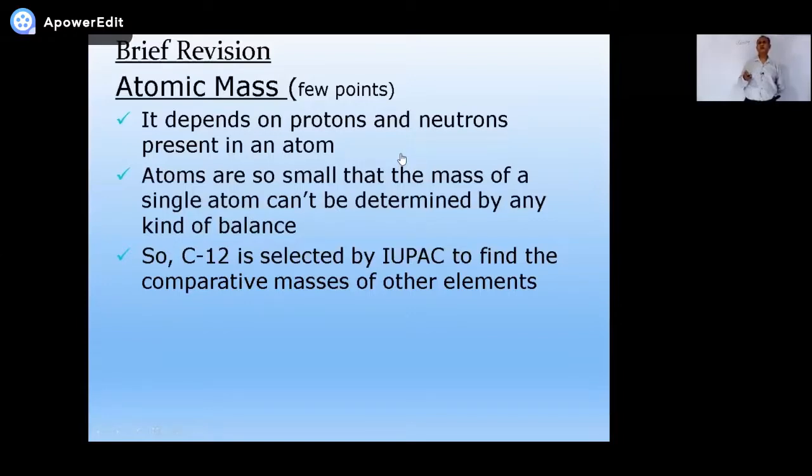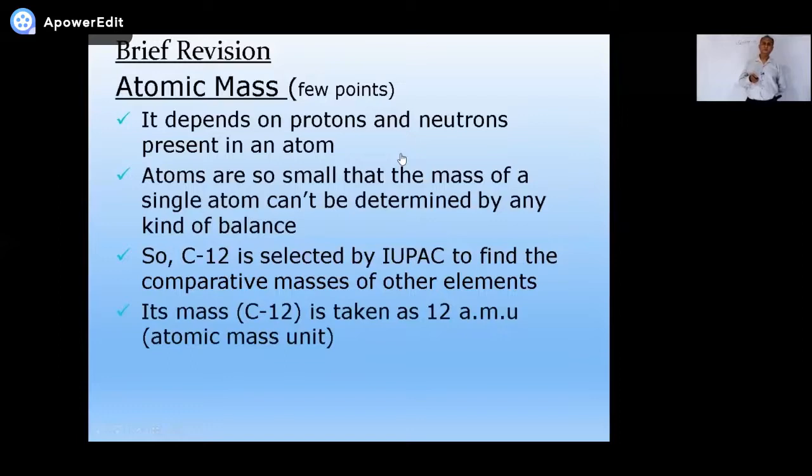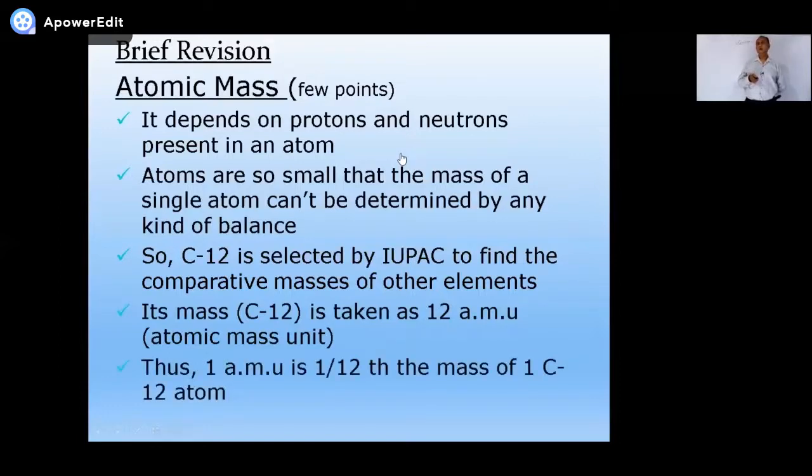Each part they called 1 AMU. I know it's confusing. So all the masses that we hear, like the mass of oxygen 16, the mass of chlorine 35.5, the mass of sodium 23, are all compared masses. We have compared these masses with 1/12 of the mass of carbon.